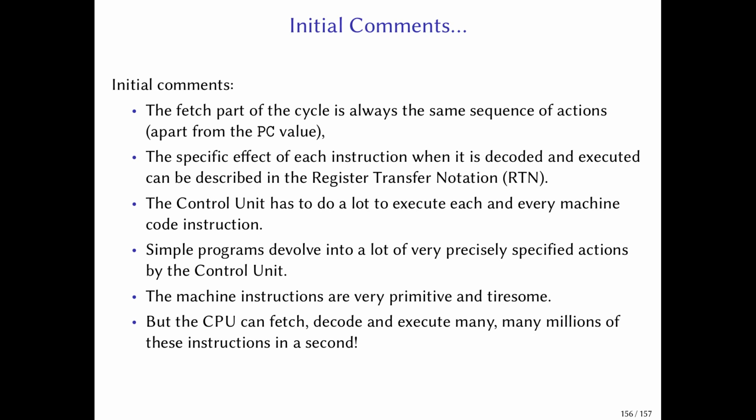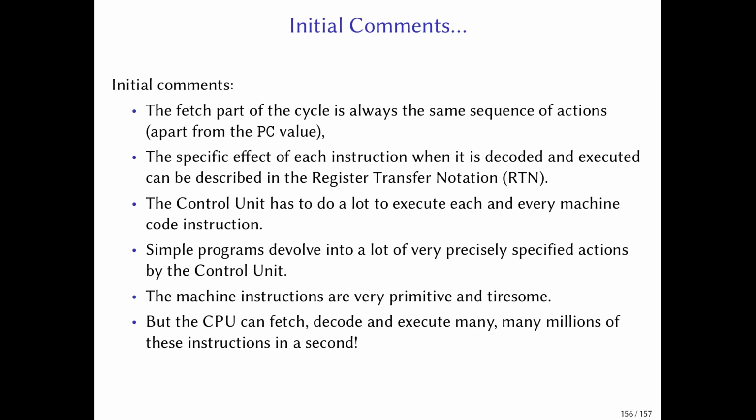And then the other thing that's important is that when we did this manually, it was very tiresome, but the CPU, because it's an electrical machine, can execute many of these instructions very, very quickly. I don't know what the actual figures would be for a contemporary CPU, but I would expect that we could do millions, tens of millions, hundreds of millions of these instructions in a second.